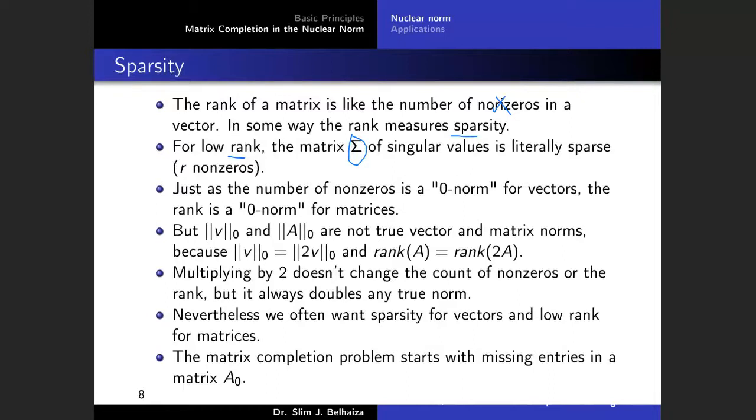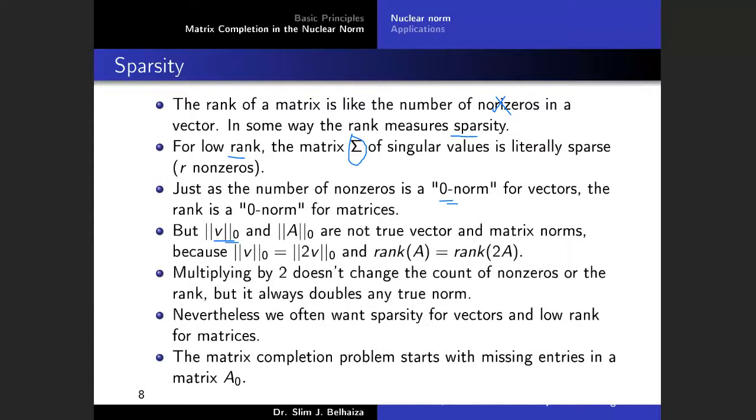For low rank, the matrix sigma of singular values is literally sparse, with few non-zeros. Just as the number of non-zeros is the zero norm for vectors, the rank is a zero norm for matrices. But the norms V0 and A0 are not true vector or matrix norms.